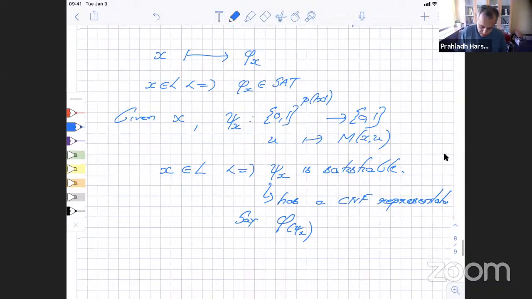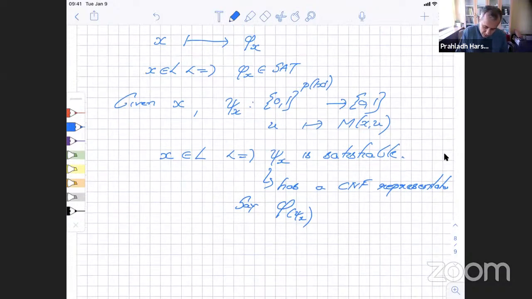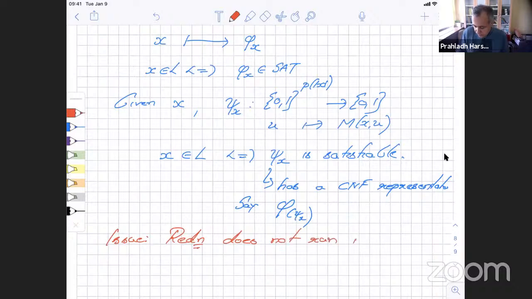The issue over here is that the reduction does not run in polynomial time, since phi of psi_x can be exponentially large.